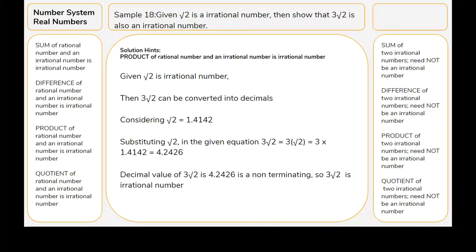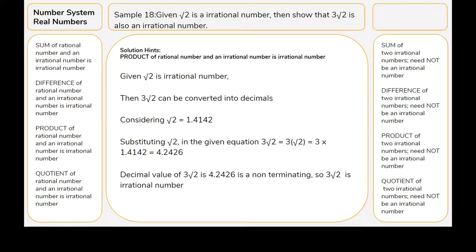Sample 18. Given square root 2 is an irrational number, then show that 3 square root 2 is also an irrational number. Solution hints. Product of a rational number and an irrational number is an irrational number. Given square root 2 is an irrational number, then 3 square root 2 can be converted into decimals.